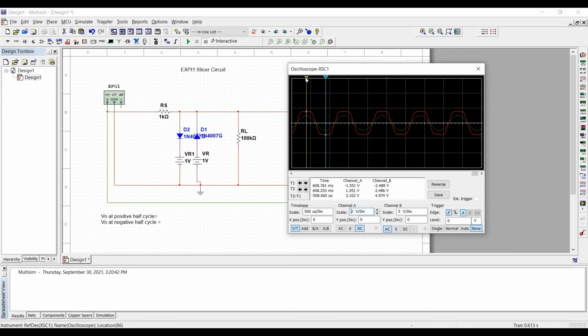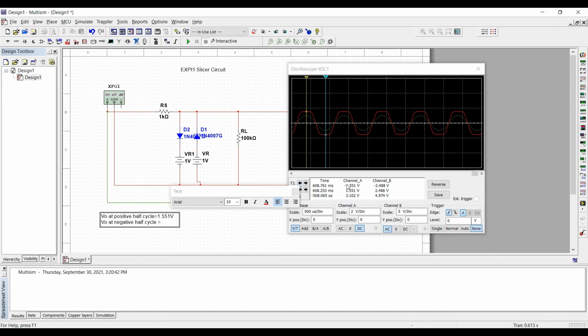So channel A, cursor 2 means T2, value corresponding to T2, which is 1.551 volts. So during the positive half cycle, the voltage is 1.551 volts. Cursor 1 gives the negative value. So cursor 1, T1.